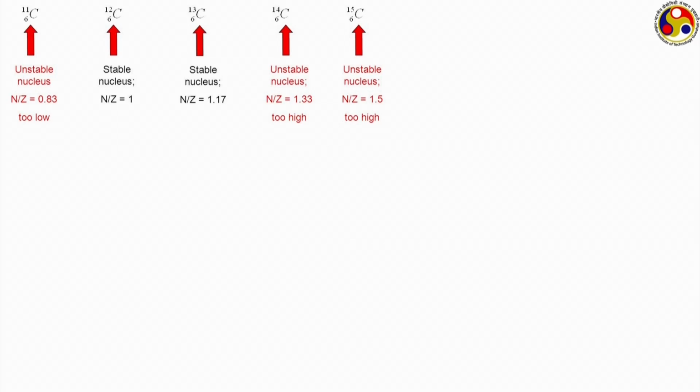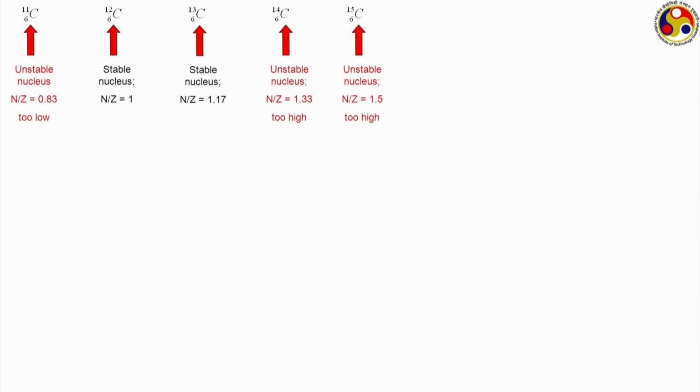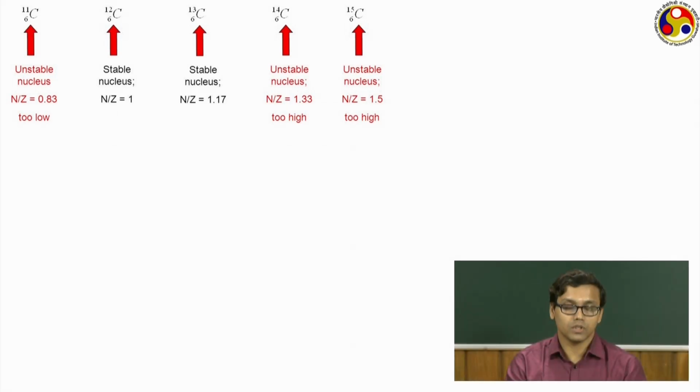But when we go to a low value of N by Z, like for 6C11, where there are 5 neutrons, giving an N by Z value of 0.83, or when we go to the territory of large N by Z ratio, like for 6C14 or 6C15, where 6C15 has 6 protons and 9 neutrons, giving an N by Z ratio of 1.5, both these situations are generally quite unstable from the nuclear reaction point of view.